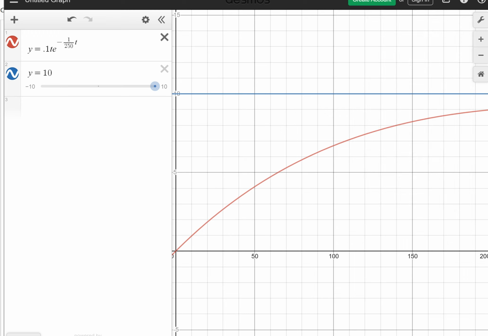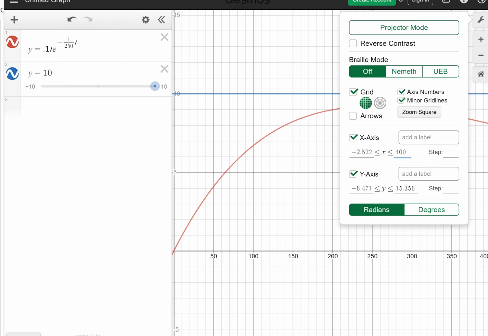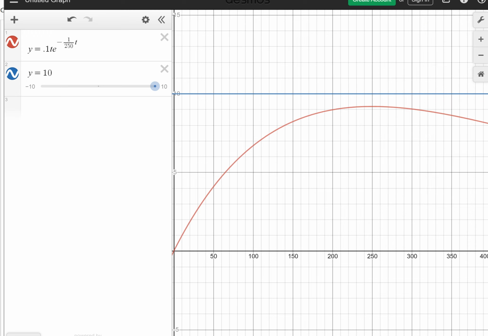So maybe we should go a little higher. Maybe let's go to 400. Notice at 400 minutes, we start to see the amount of pollutant in the second pond already starting to decline. And notice it never actually reached the maximum or the limit of 10 pounds.